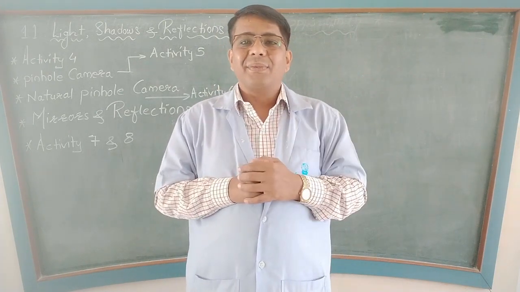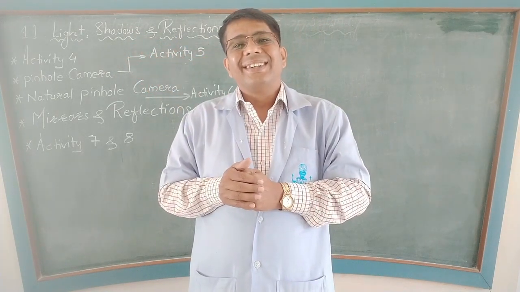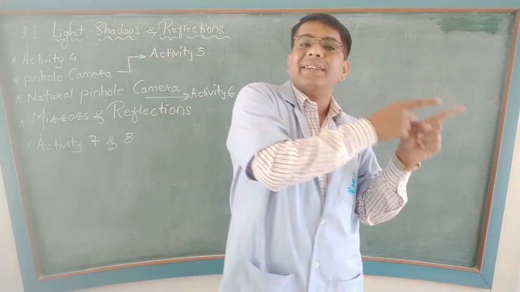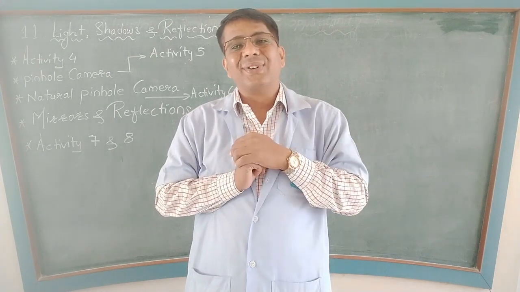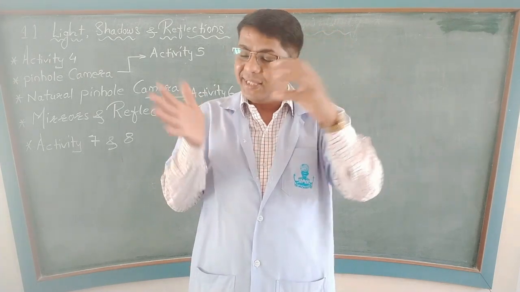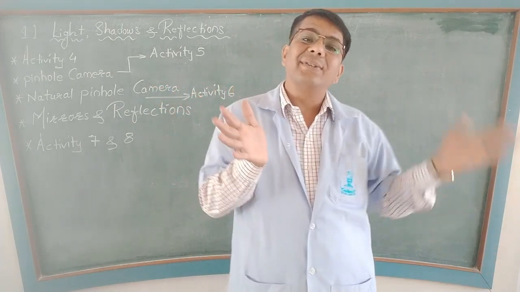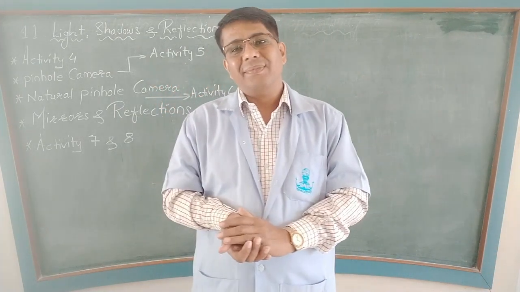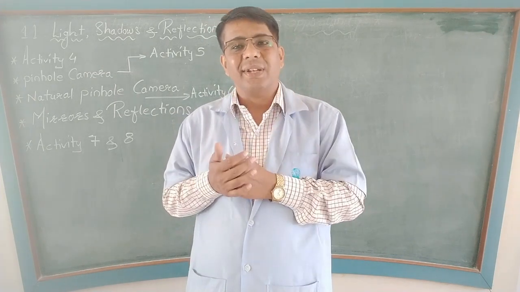A ray of light, when it is made incident on the mirror, again travels back into the same medium. Okay, and that is called reflection of light. That phenomenon is called reflection of light.